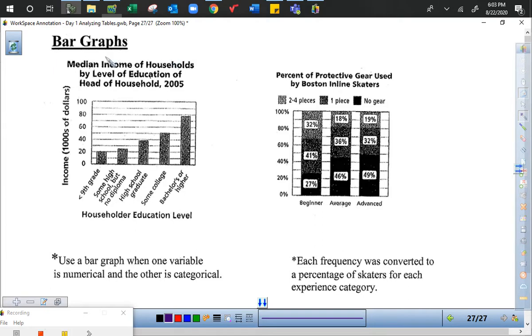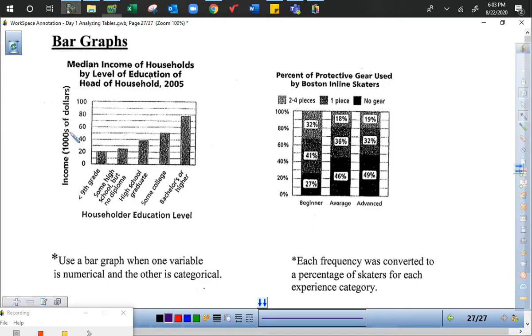Okay, it's got a title, and then we've got an axis label on the side and on the bottom here giving your variables, and kind of classifying what they are. It says you're using a bar graph when one variable is numerical and the other is categorical. The categories are going to go on the bottom, and then the numerical one is always going to go on the cross. So here it's talking about the income in thousands of dollars, and it represents those.